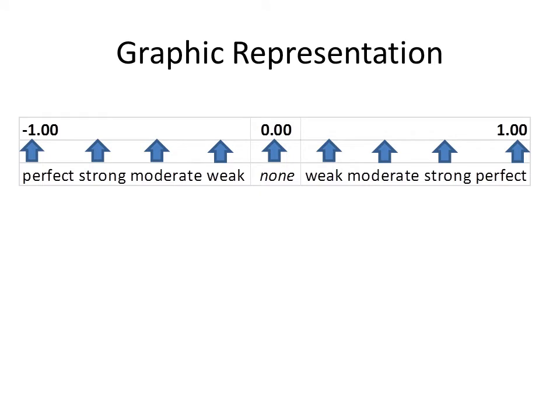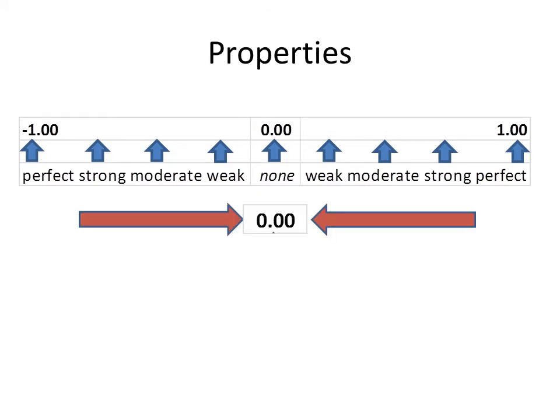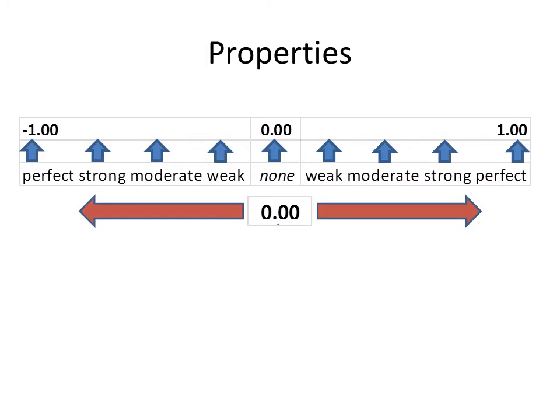And this is a graphic representation. As you move toward 0.00, you have the weaker relationship, as you can see from the arrows, and as you move away from 0.00, you move from weak to strong to perfect.